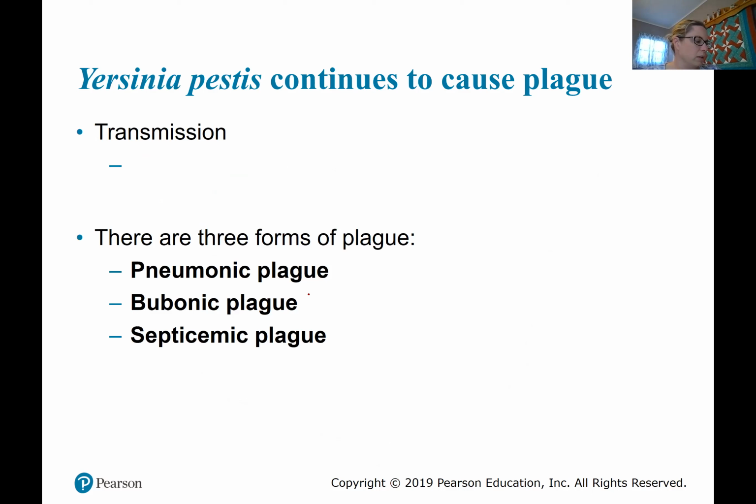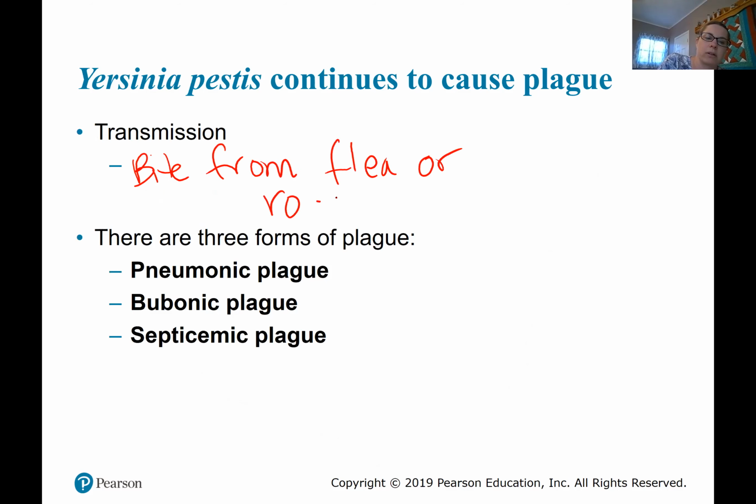So transmission is through a bite from a flea or the rodent itself. We'll talk about human-to-human contact in just a second.